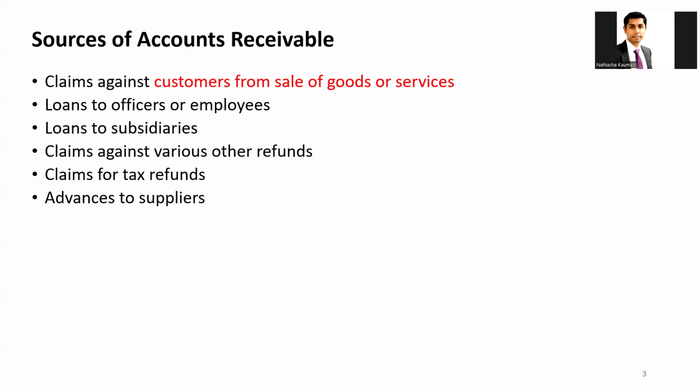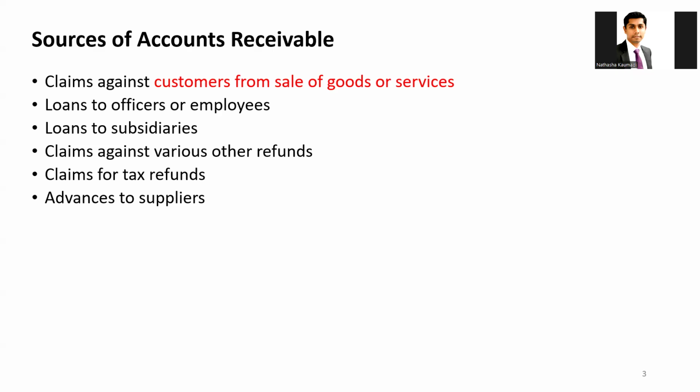So I told you, when it comes to accounts receivable, trade receivables is only one main item coming under accounts receivables. There are so many other captions coming under accounts receivable. There can be loans we have provided to employees, loans given to subsidiaries as well.